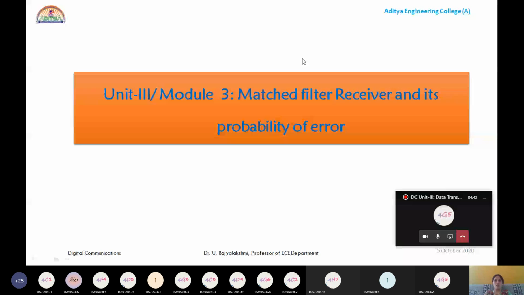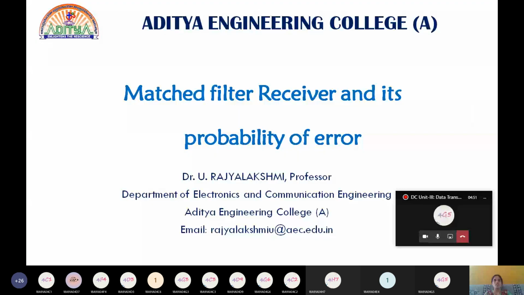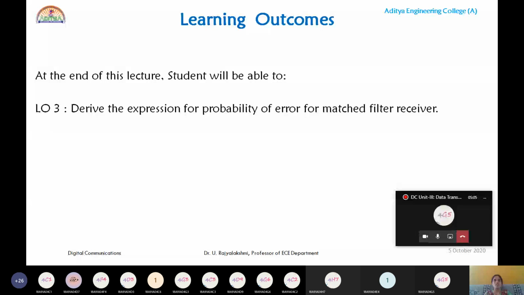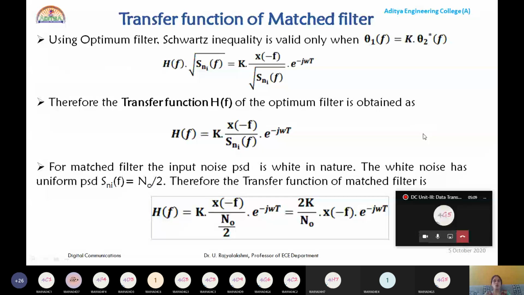We calculated the optimum filter transfer function as well as the SNR. We got the probability of error as half erfc of (x01(t) minus x02(t)) divided by 2 root 2 sigma, where (x01(t) minus x02(t)) divided by sigma is nothing but the output SNR.